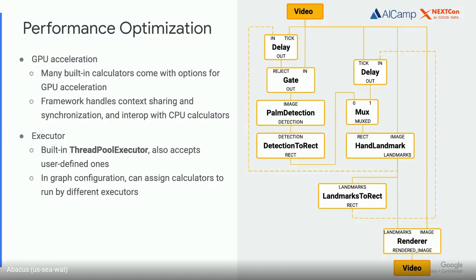And so MediaPipe includes calculators for running the neural networks on GPU, and also a lot of the image processing operations can be run on GPU also.